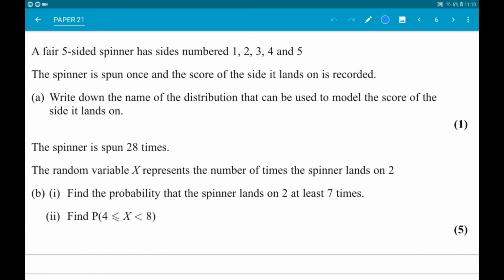Okay, so we can count the outcomes 1, 2, 3, 4 and 5. See? And so that means it's discrete and the probabilities are the same or uniform. So it's called discrete uniform.